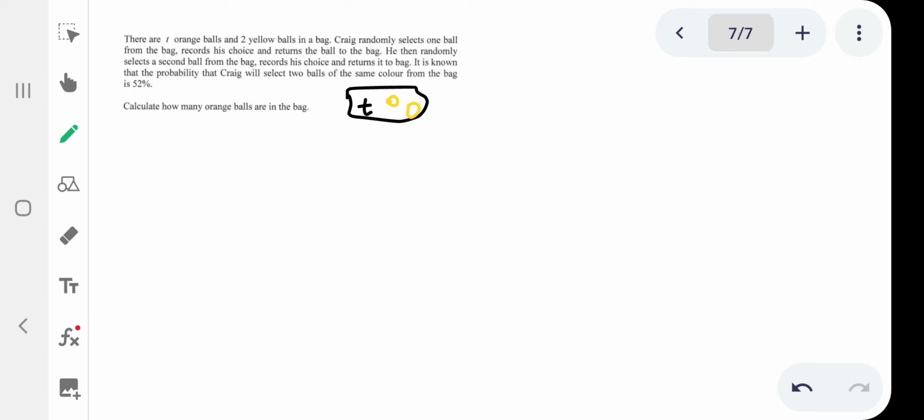So it means the probability of getting the same color can be orange from the first selection and orange from the second selection, or yellow from the first selection and yellow from the second selection. And that probability is known, which is 52%. So calculate how many orange balls are in the bag, right? In this case the number of balls is T, which is an unknown, and we must solve for T.